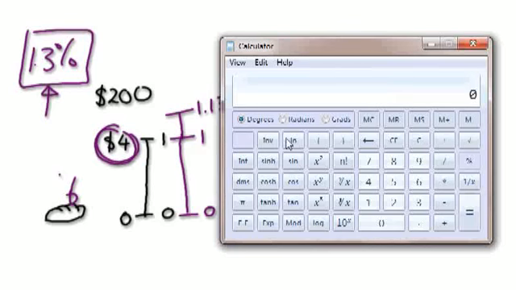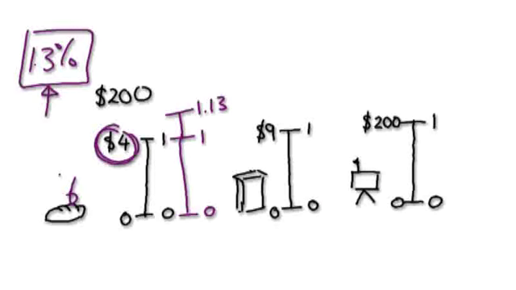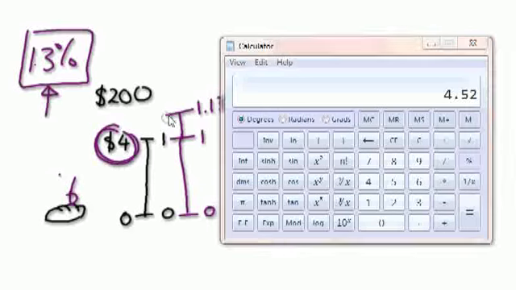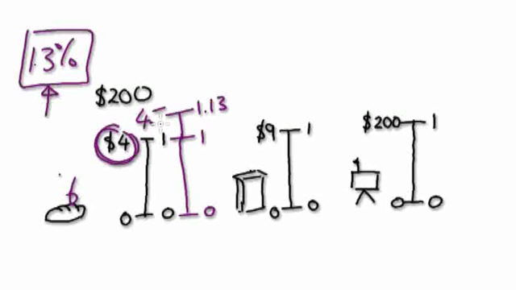So if you jump to a calculator and punch in our original, $4 times 1.13, at the end of the year it will cost $4.52.